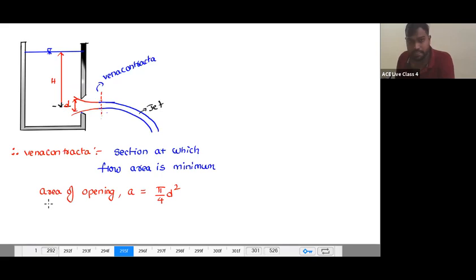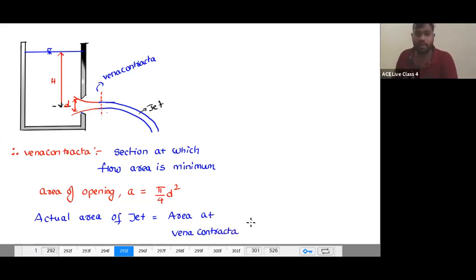Now, in this case, while the jet forms like this, what is the actual area? The actual area of the jet is equal to the area at the vena contracta.